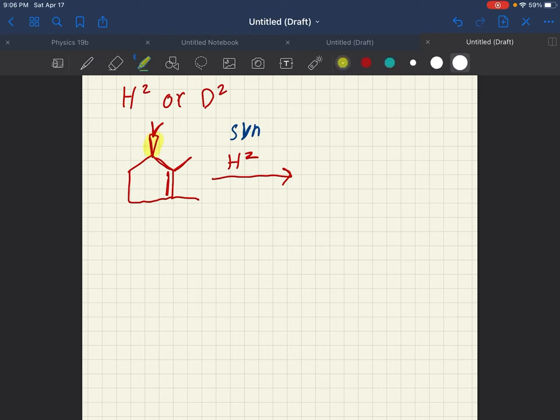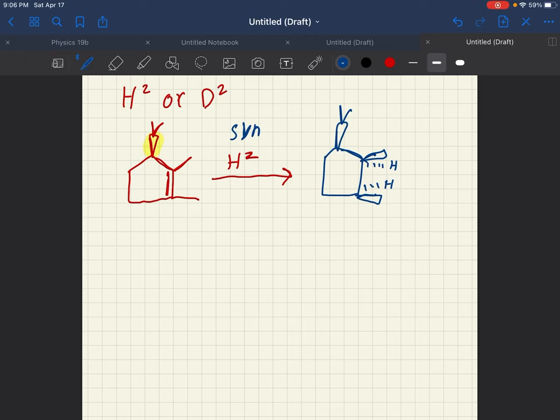And since it is on a wedge, we are going to have to put our H's on a dash, meaning our final product would look like this. And those methyls would then pop out. And there is no enantiomer once again because we can't form the other product due to that stereochemistry.